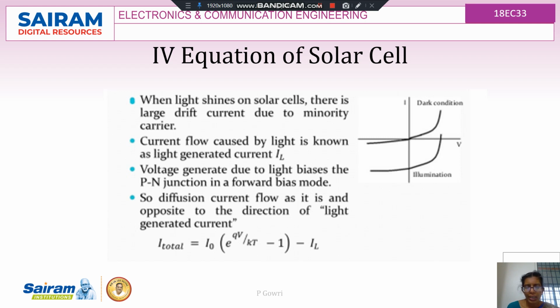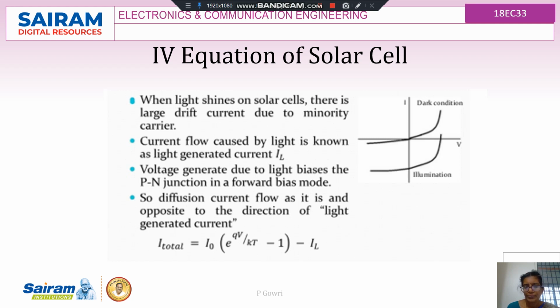So normally, in the operation of a photodiode, the solar cell will come into the fourth quadrant. The diffusion current flows opposite to the direction of the light generated current, and the total current is given as I total equals I minus IL, where I is the electrically generated current and IL is the light generated current.